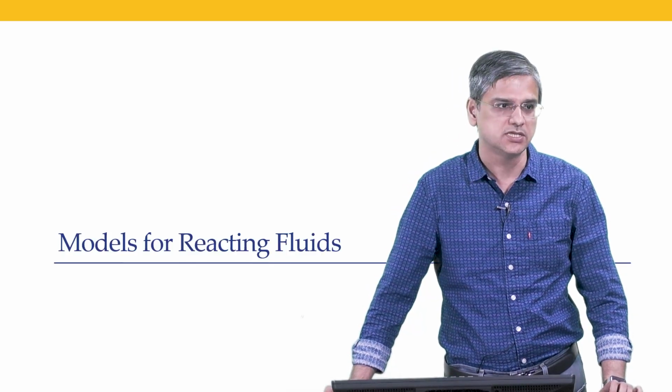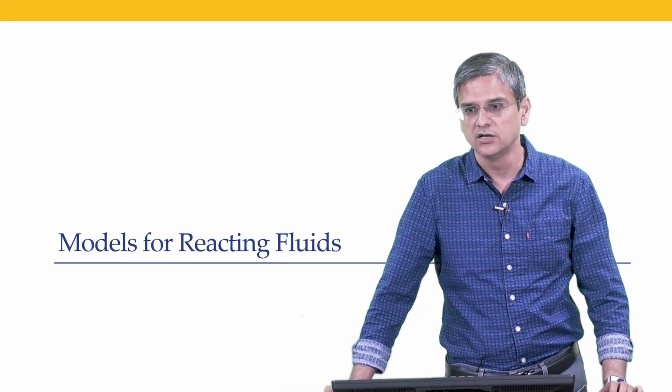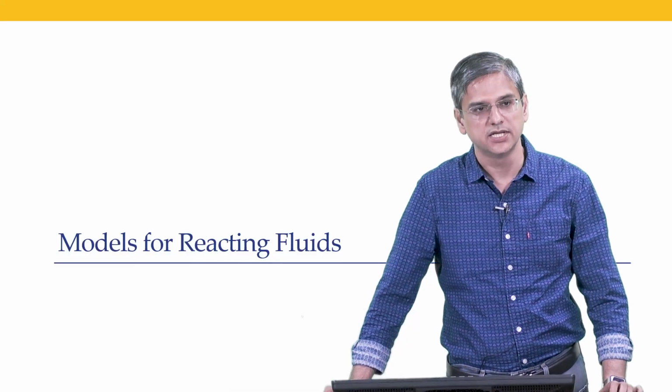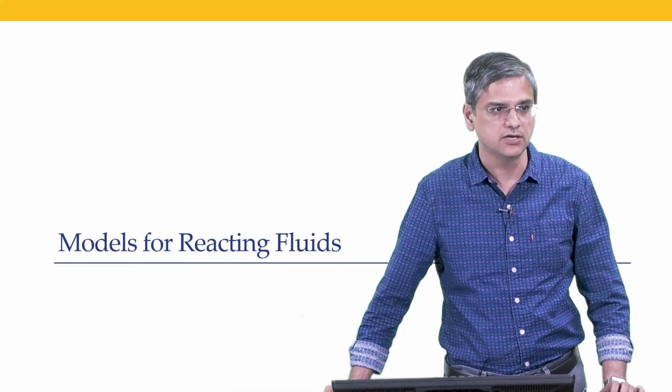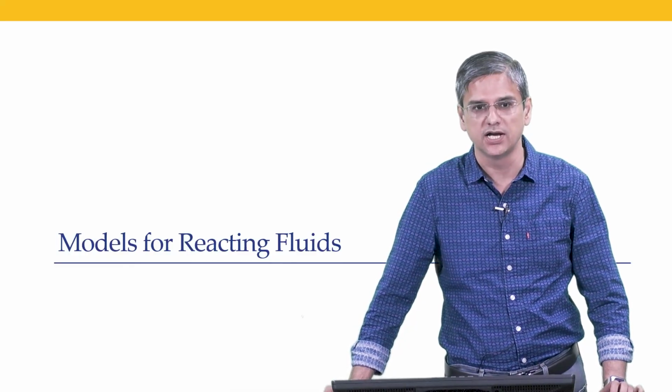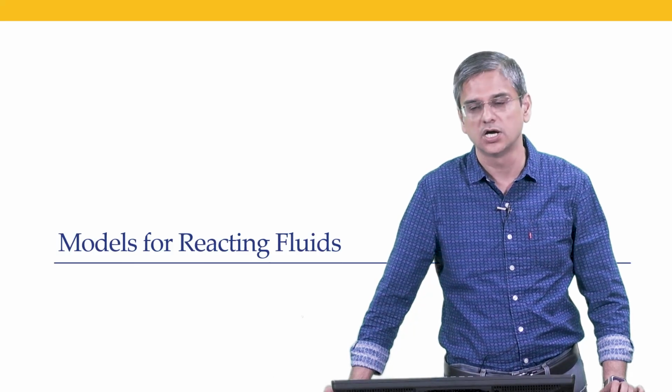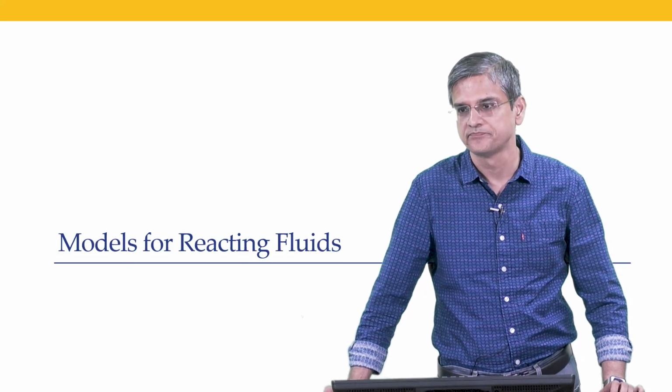A from phase 1 is going to dissolve in phase 2, and then A dissolved in phase 2 and B dissolved in phase 2 are going to react in phase 2. Okay.